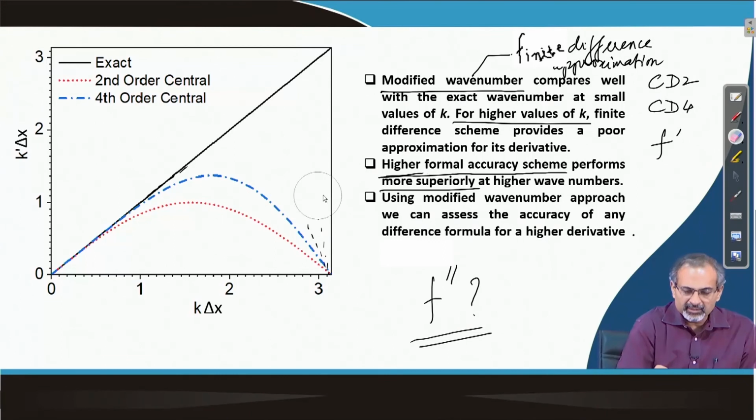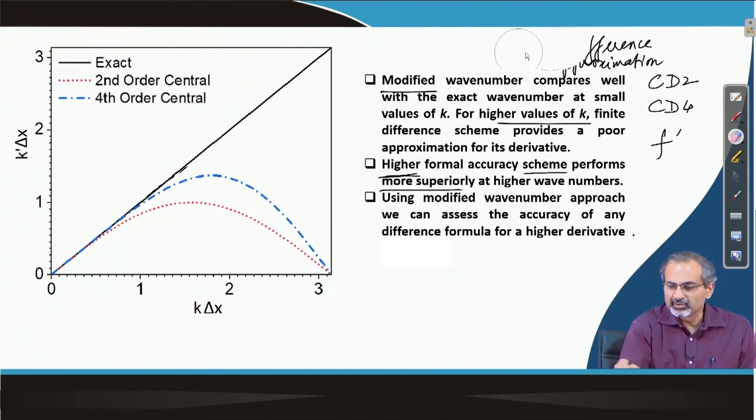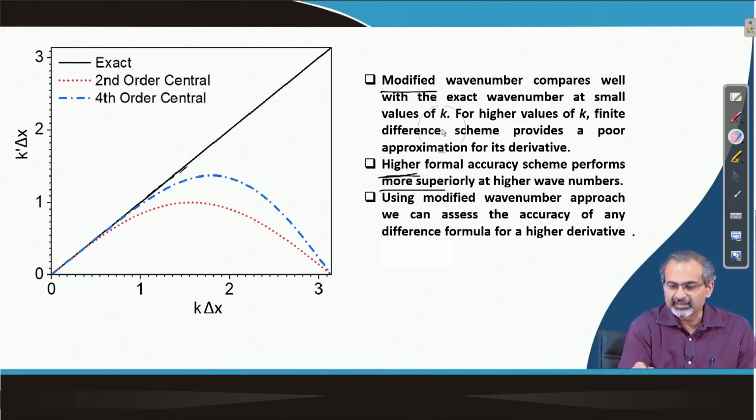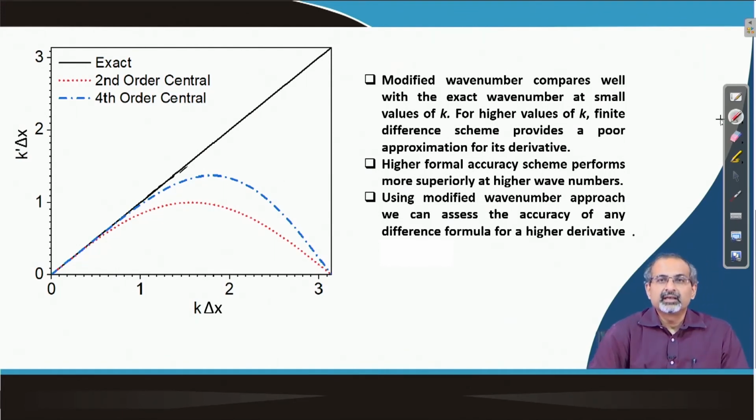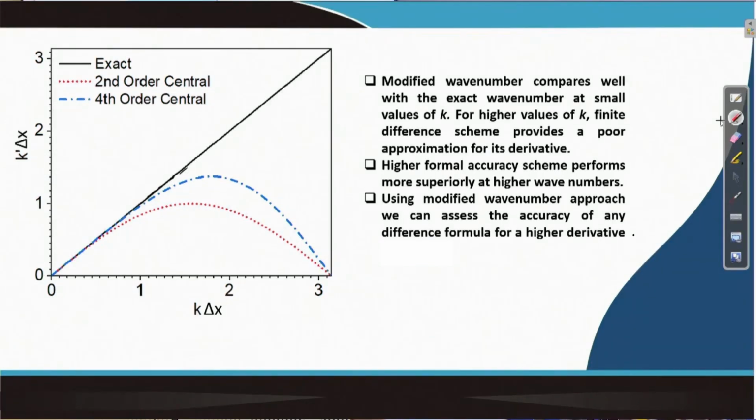So, we learned a more contemporary way of assessing accuracy of finite difference schemes, and in all these exercises that we did, we have shown that the expressions that have been derived are essentially explicit expressions.